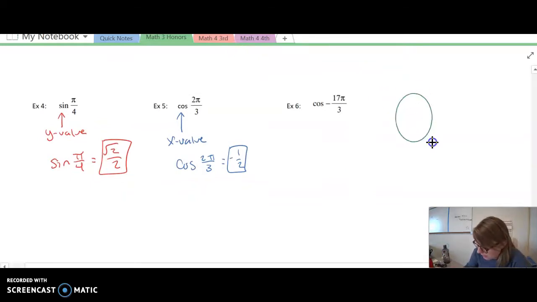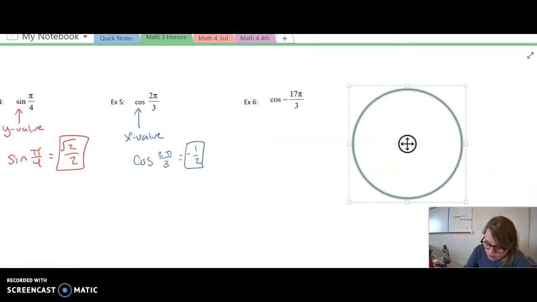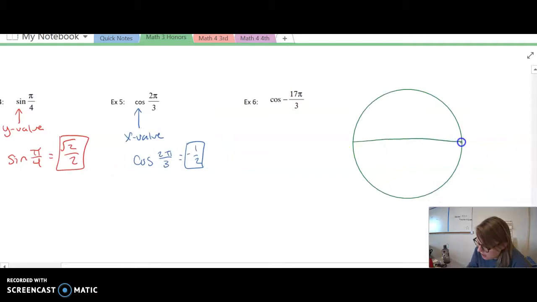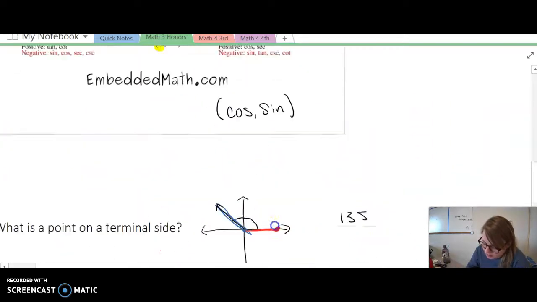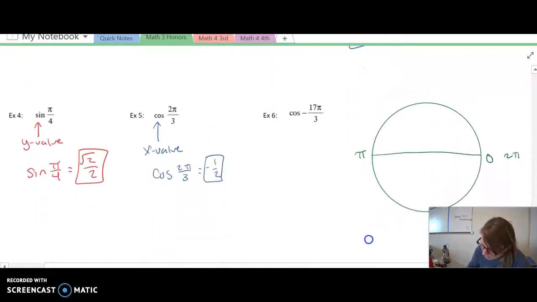So, say we have our unit circle. We're going to kind of make our own for a second. And we have 0 and pi, and then also 2 pi's at the same spot. Well, if you notice, we had pi over 3. And that's related to this guy.